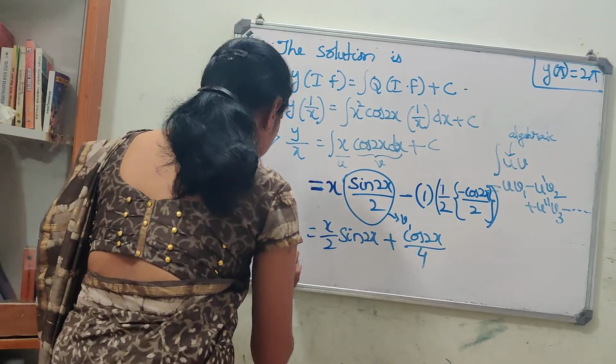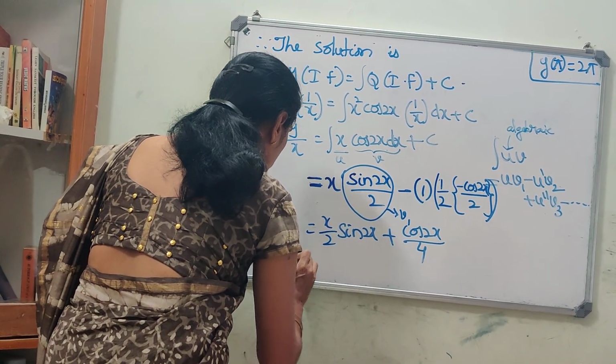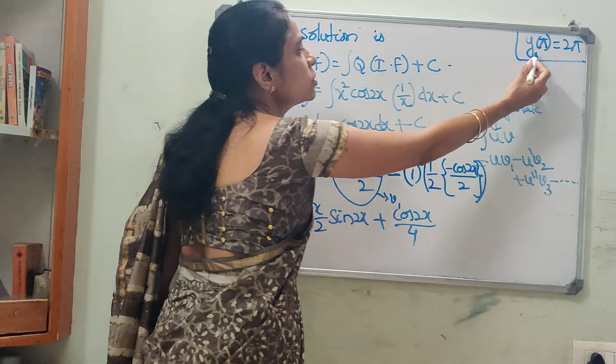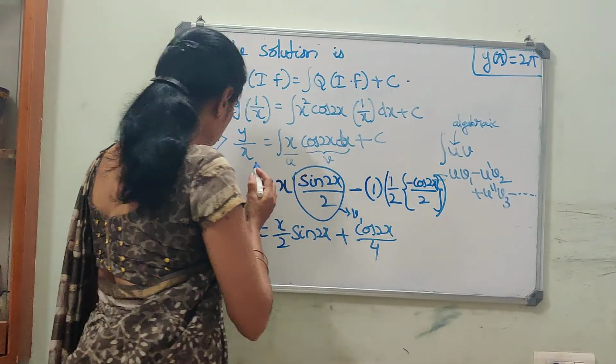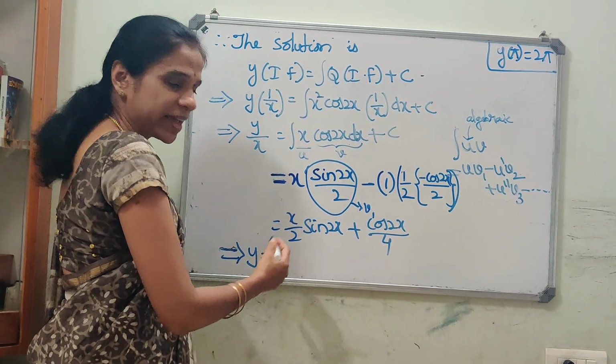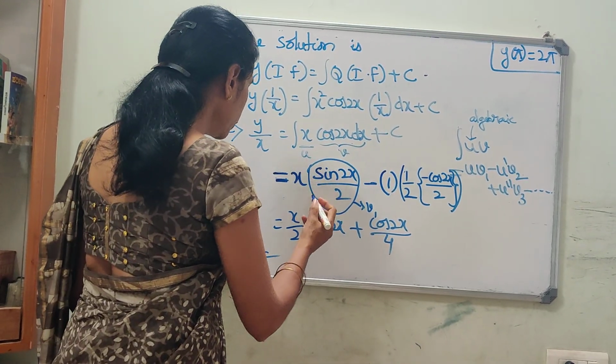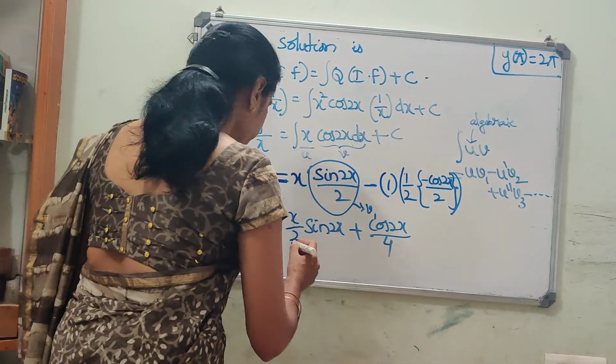If you want, you can simply write the solution as y is equal to, because anyhow we need to use the condition y at pi is equal to 2 pi. So it is better if I write y as a function of x. So what I need to do is multiply throughout by x.